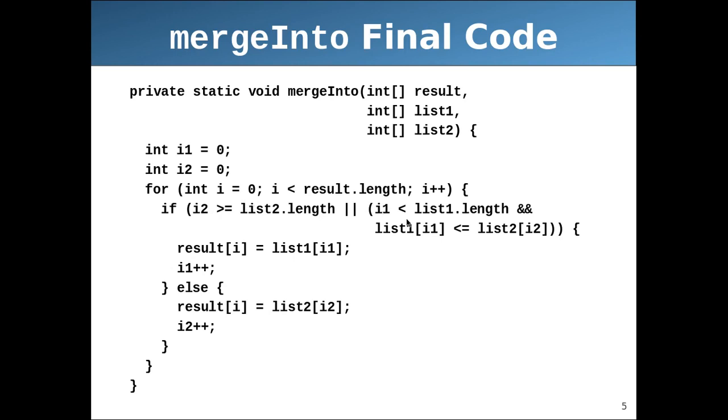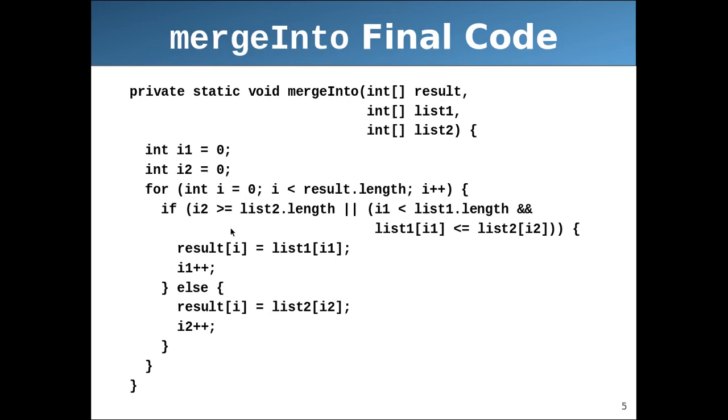the list 2 length is greater than 0, then, so basically what this is doing is that if list 1 has a smaller element, then it's putting the first element of list 1 into the result, right? And then it's incrementing I1, right? This is our iterator through the first list, and then the second iterator is I2, and that's the iterator through the second list.